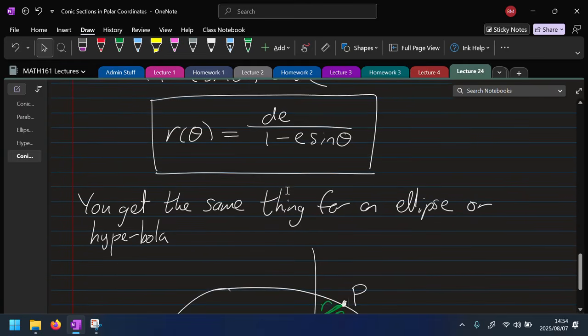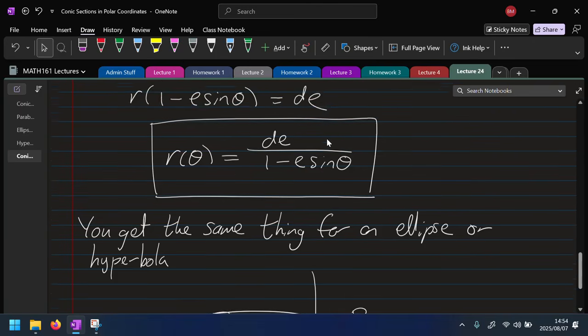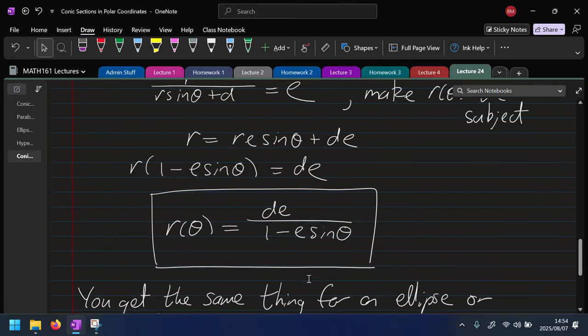Okay, now just a little note with the sign here. You might have noticed from the polar curves sketch, if you did a few of those tutorial problems, if you had something with sine, like r equals 2 sine theta, that was a circle at the top. If it was r equals 2 cos theta, it was a circle on the right.